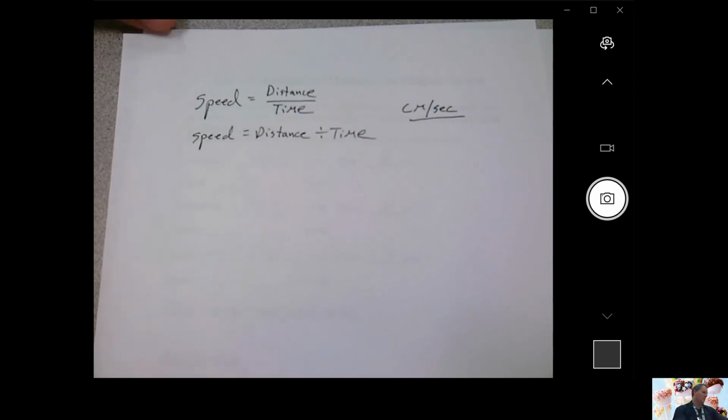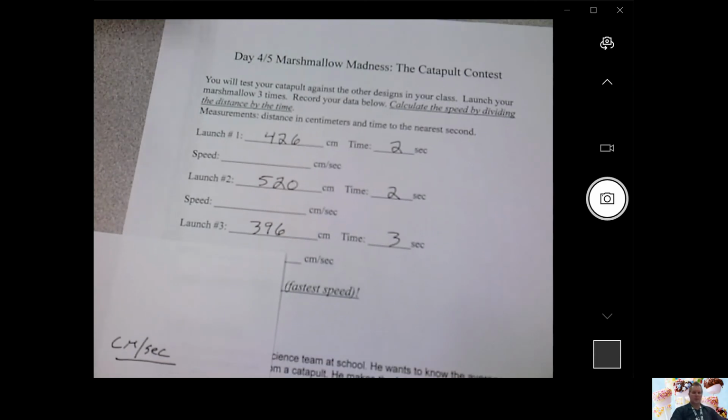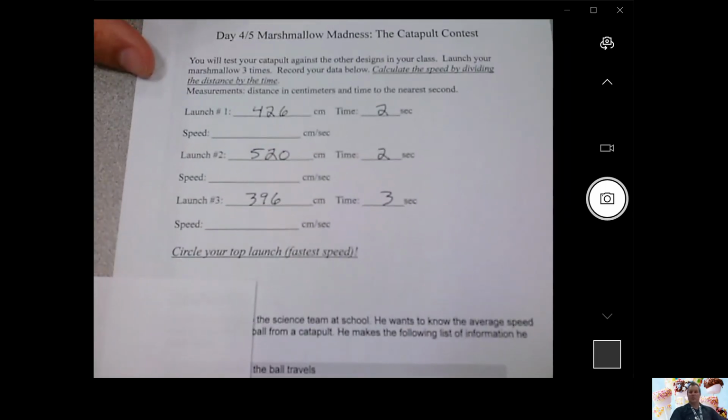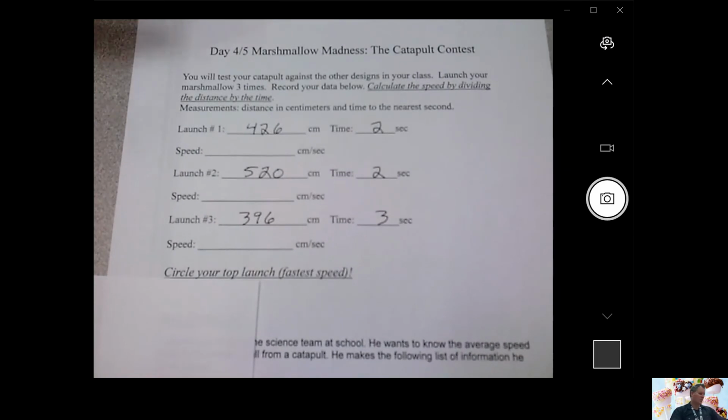Okay, so I can actually calculate my first speed, which was 426 centimeters and 2 seconds. You can set up a math problem for that one. If you're in division, you can totally do that. If you haven't really covered division yet by this time, you could use a calculator and put in 426, the divide key, and hit 2.